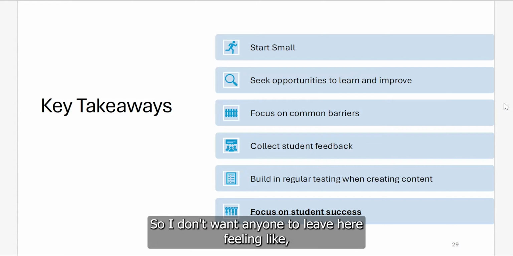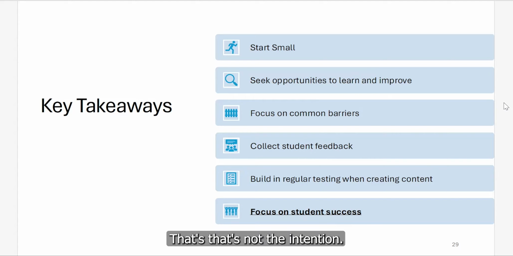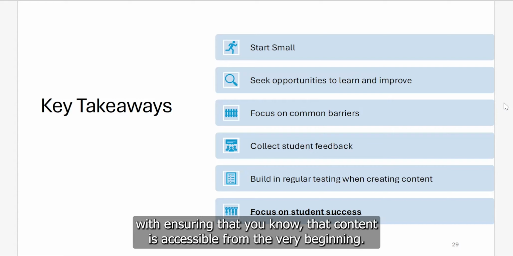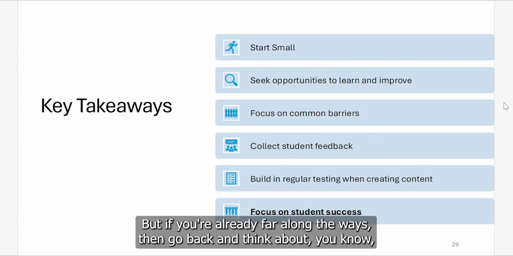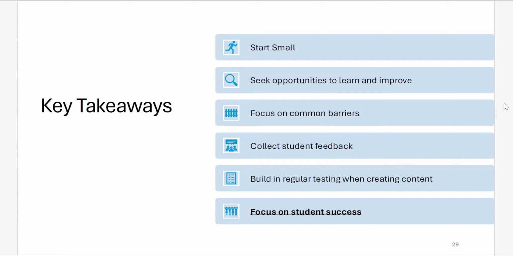I don't want anyone to leave here feeling like, oh my goodness, I have to go back and fix everything. That's not the intention. Ultimately, we want you to begin to design with ensuring that content is accessible from the very beginning. But if you're already far along, then go back and think about how you can implement some of these considerations into your digital content.